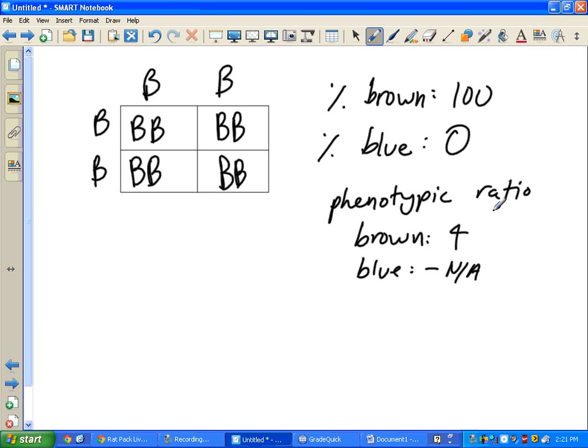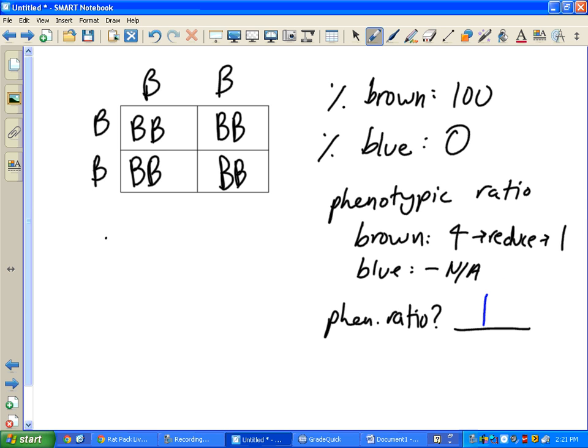So you got to think about 4, and you have to think about reducing 4 by itself, which is kind of weird, but you just need to know that if you have something that ends up all the same like this, the ratio is going to reduce to just 1. So if this question came up and it asked, what's the phenotypic ratio? Your answer would just be 1, and that's it.